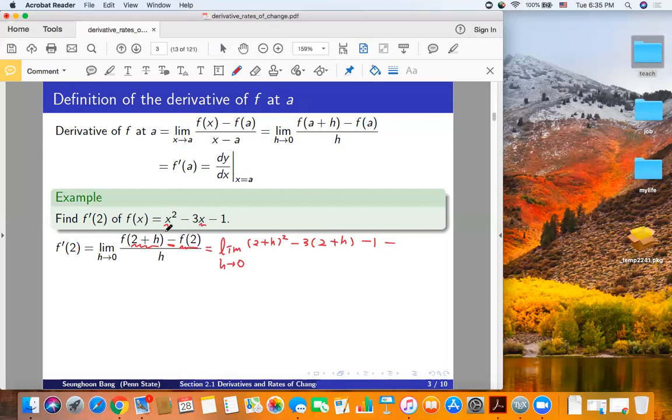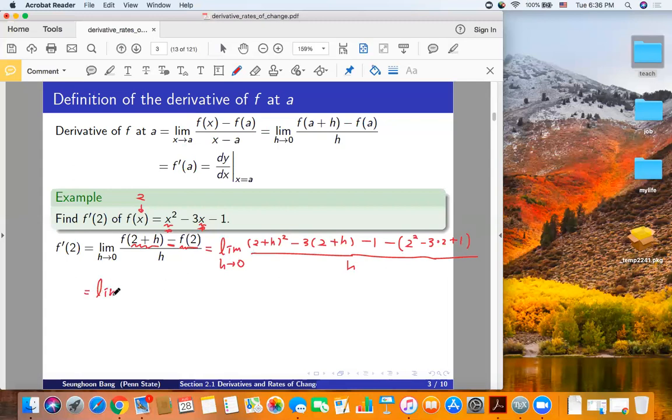What's f of 2? You plug 2 into x. So we have 2 squared minus 3 times 2 minus 1, all over h. The next step is to simplify.